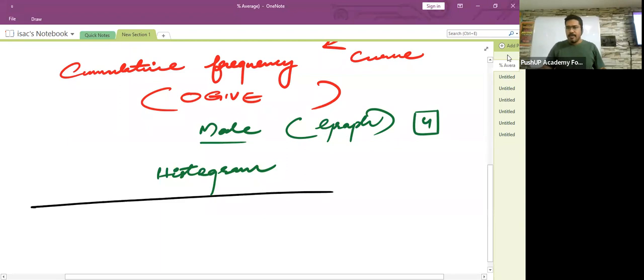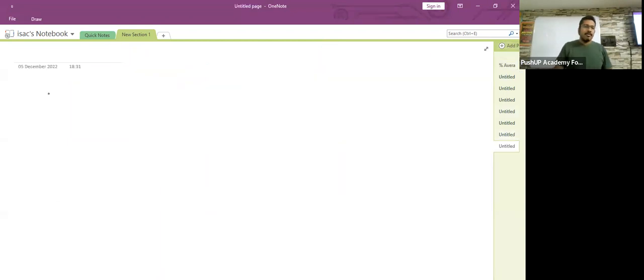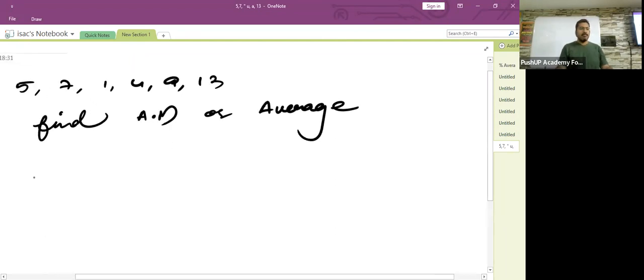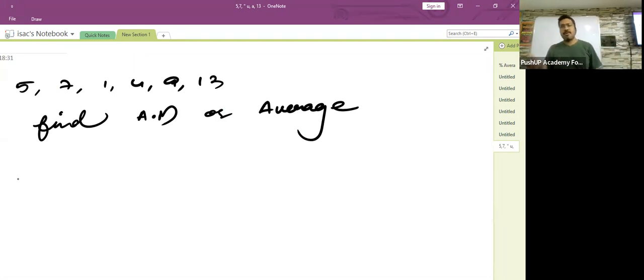Children, if I give you a data like this, 5, 7, 1, 4, 9, 13, and I ask you to find the arithmetic mean, which I will abbreviate as A.M., or I ask you to find the average, the meaning is the same, okay? How would you find it? How would you find the average of 5, 7, 1, 4, 9, and 13? Add all the values and then divide it by the number of values. Most basic thing which you have learned in statistics.